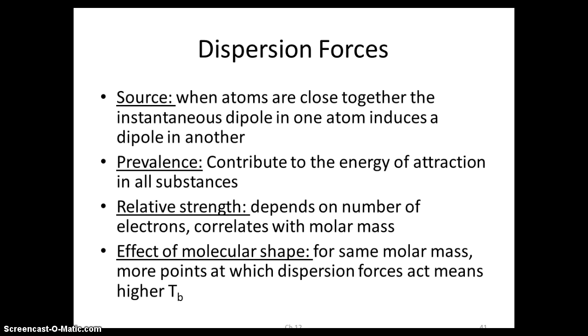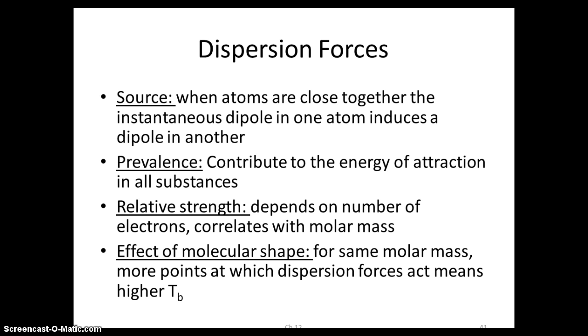So if you remember before in our chart, I said that dispersion forces are always present in all cases. So the relative strength depends on the number of electrons, and it correlates with molar mass. But dispersion forces are usually the weakest of all of the forces. The other thing to keep in mind is that there is an effect of molecular shape.